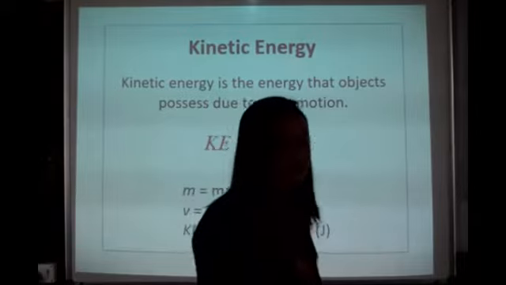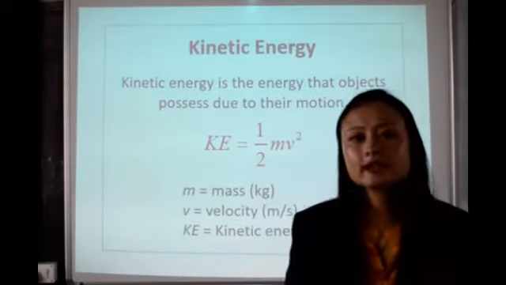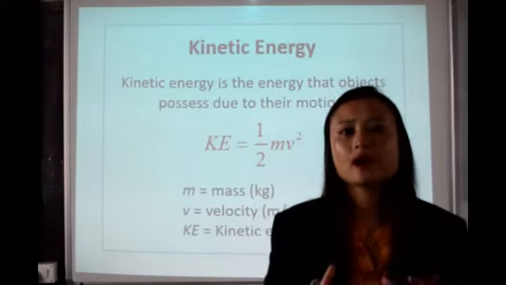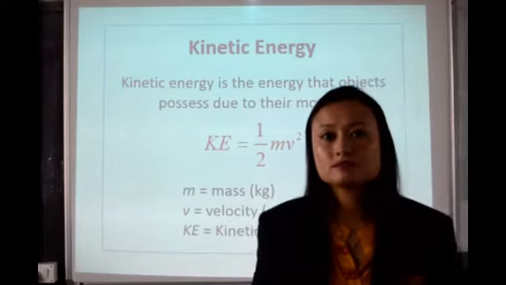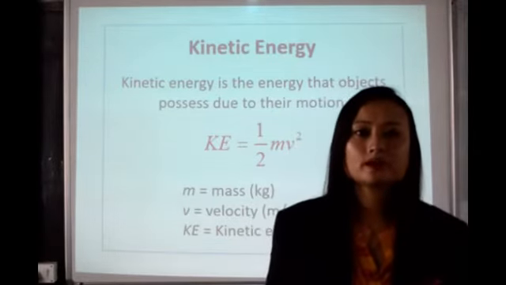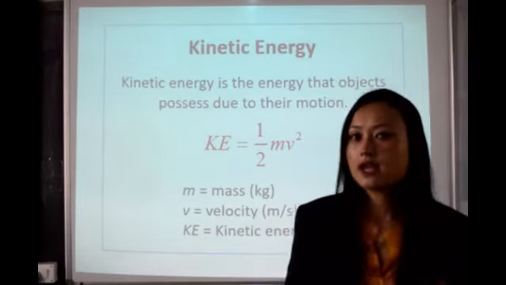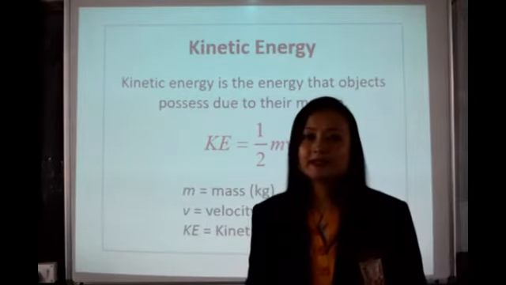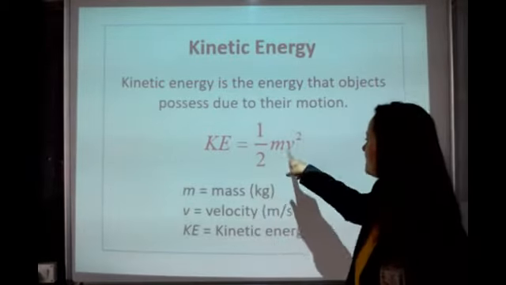Now, kinetic energy. As we discussed already, kinetic energy is the energy possessed by a body due to its motion. Okay, when the body is in motion. So any object which is in motion has kinetic energy. And the mathematical expression for kinetic energy is half mv square.